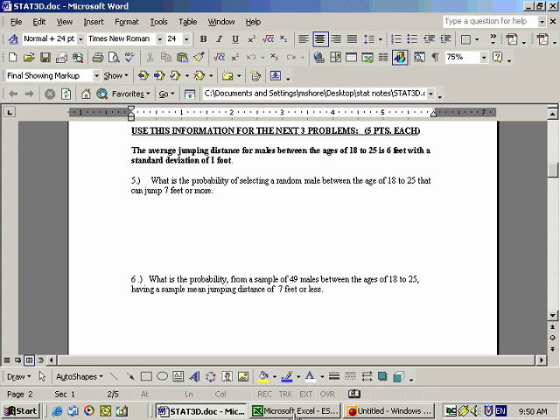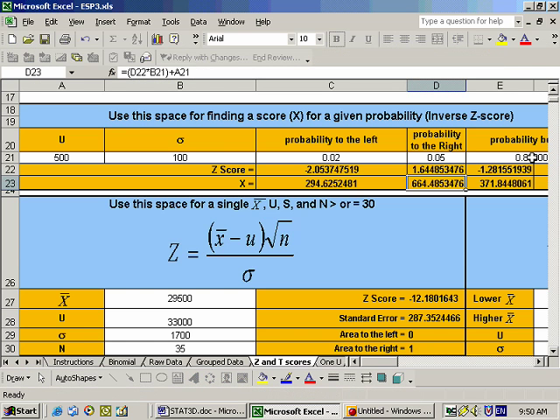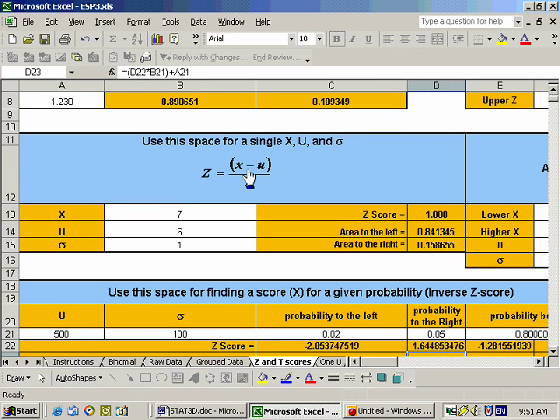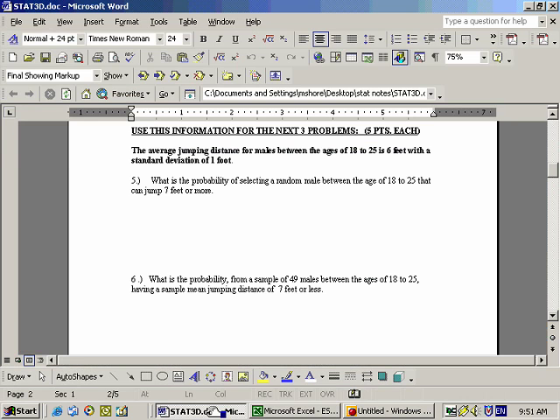On this particular problem we're dealing with just a z-score for a particular person, no sample size or sample mean, and it says greater than that, so we put in your x is 7, your mu is 6, your standard deviation of 1, and we're looking right here at 0.1587 approximately.